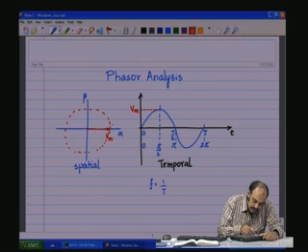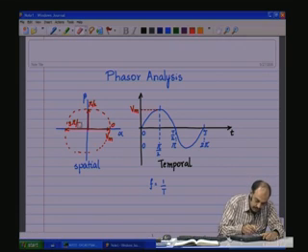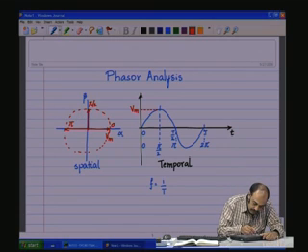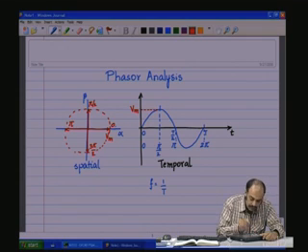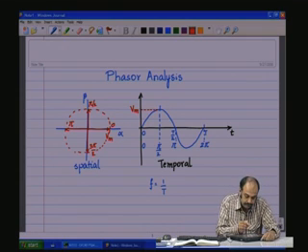That is, it starts from 0, goes through a 90 degree shift, so there would be a pi by 2 if the vector was at this point, then it is pi, and then a vector at this point which is 3 pi by 2, and then you have 2 pi.